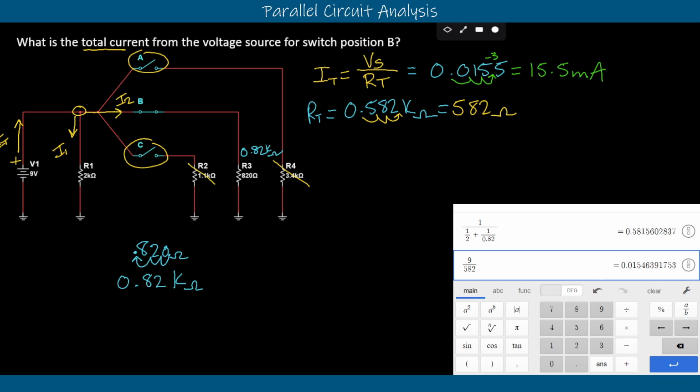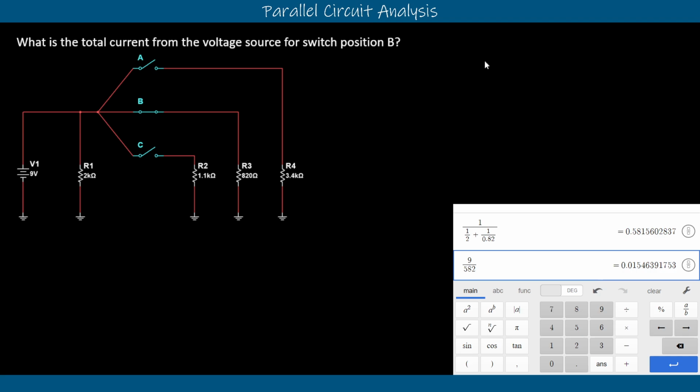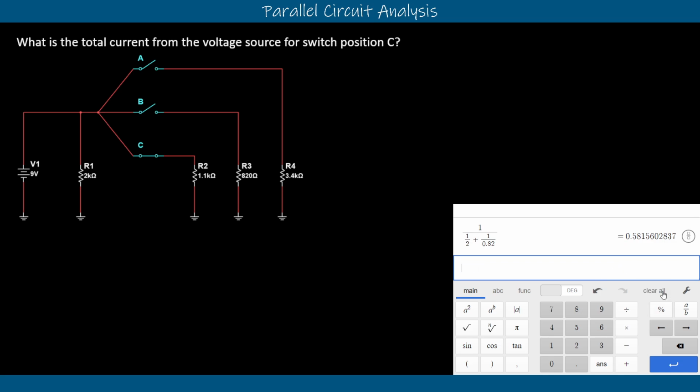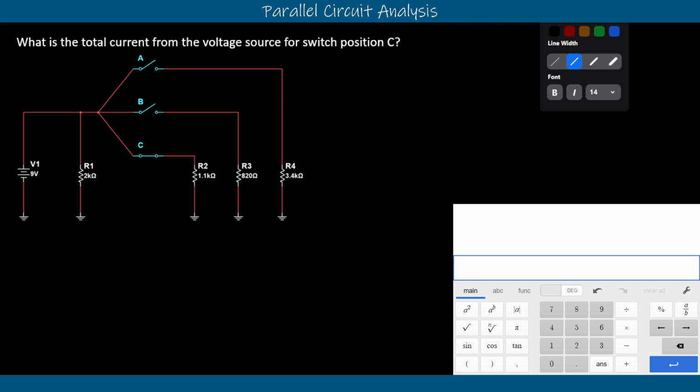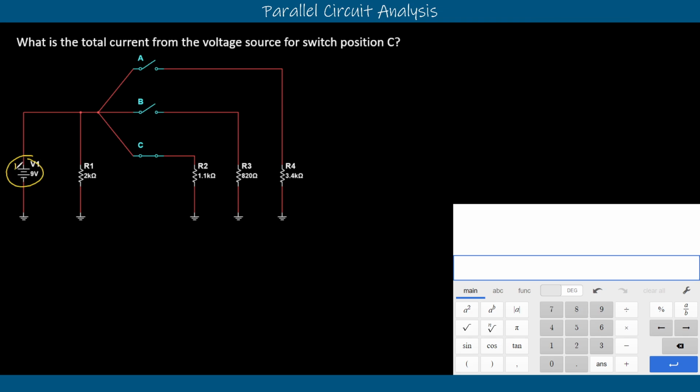Right, and we got one more after this, right? So switch C. We move down to switch C. We should see that this is a similar kind of concept here. We'll clear out our calculator again. So here we have our 9-volt source, battery still in the same spot.